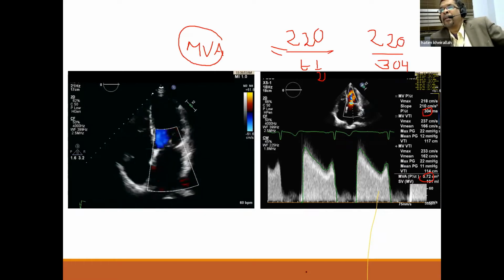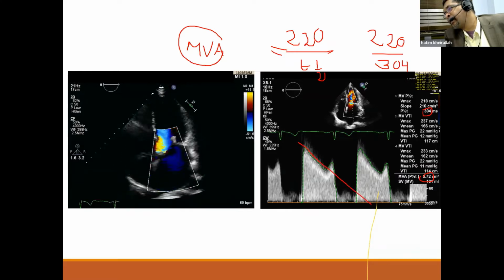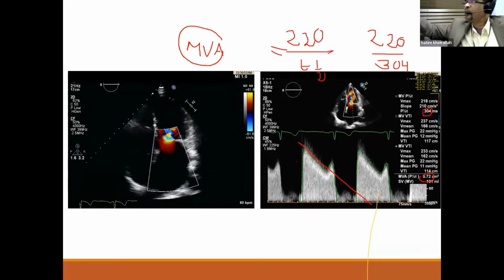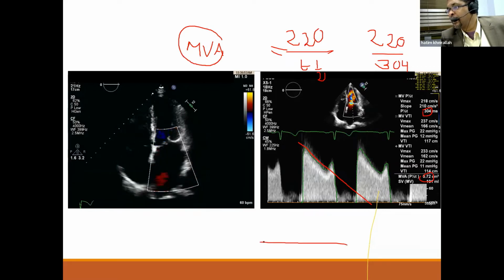But there are so many limitations for the mitral valve area by pressure half time, because the pressure half time is basically this slope. The longer the slope, the more severe the stenosis. The steeper, the less severe.